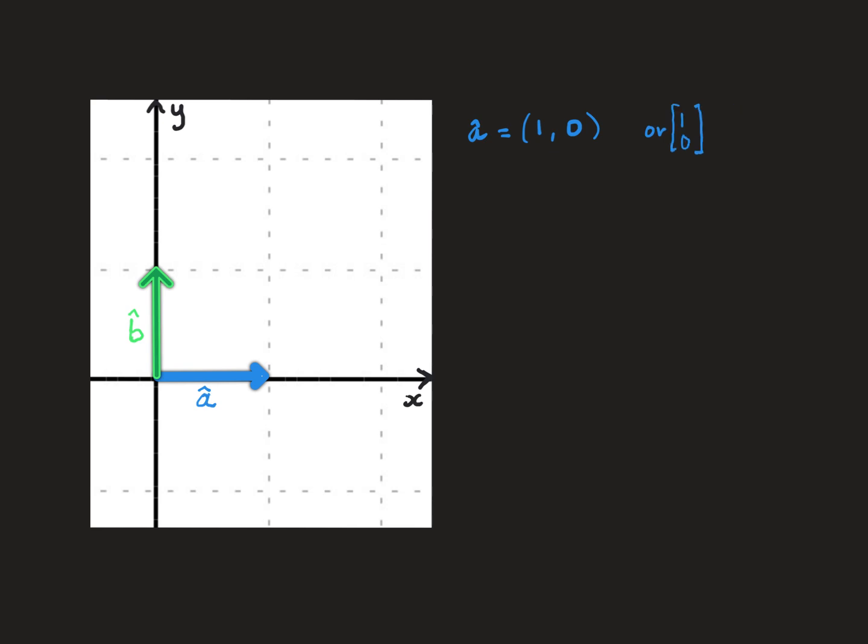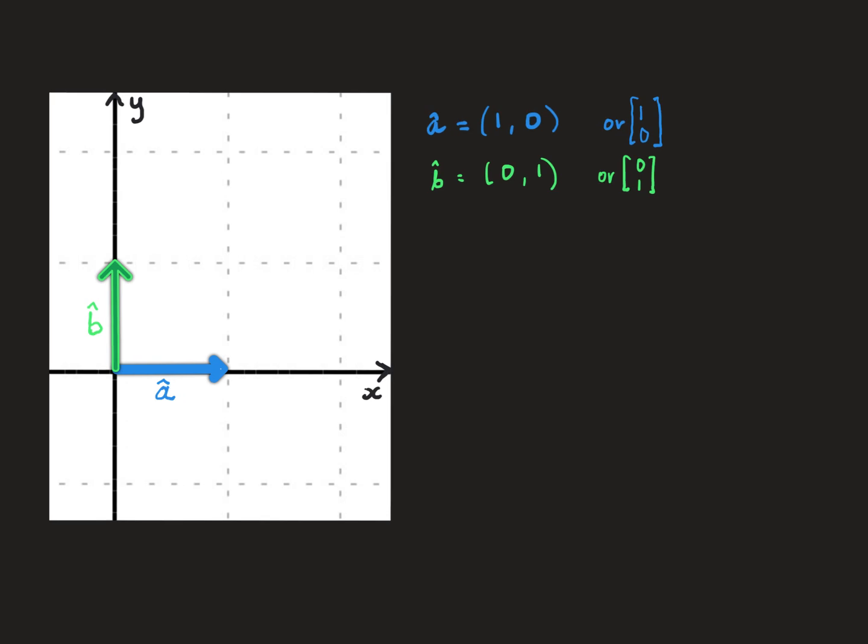The 1 represents the fact that it's 1 unit long in the x-axis, and 0 means that there is no upward movement. So to represent the vector B, it's obvious that it will be (0, 1), and alternatively we could write it as 0, 1 in the vertical way.